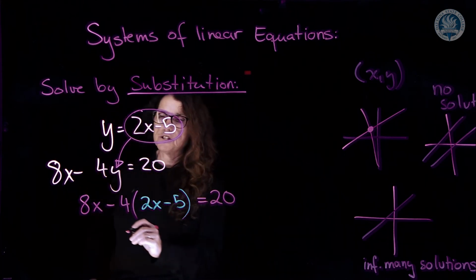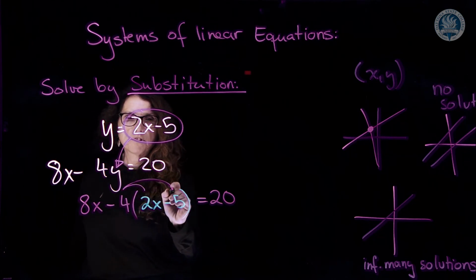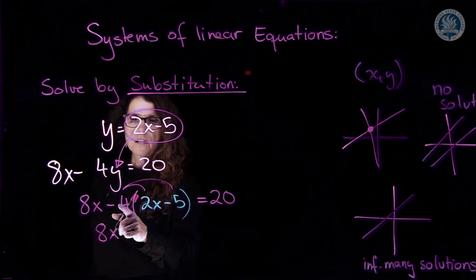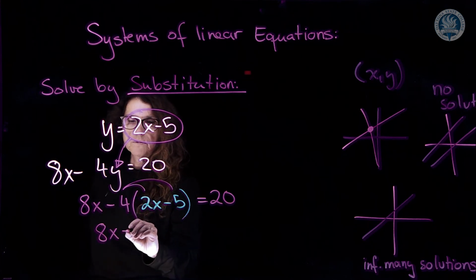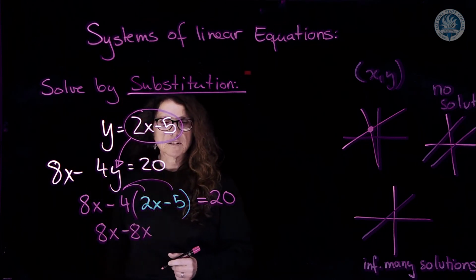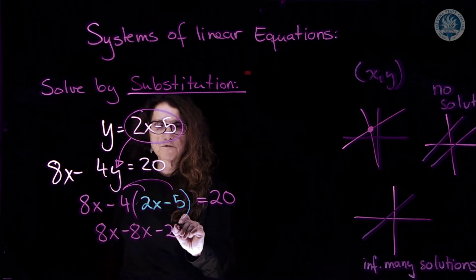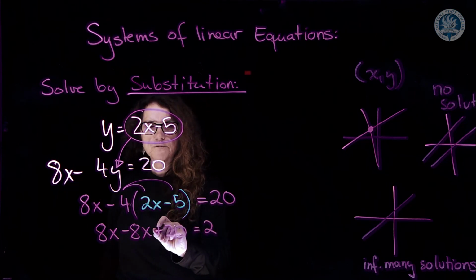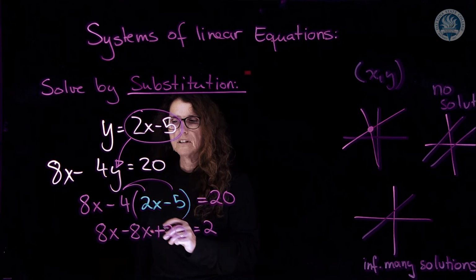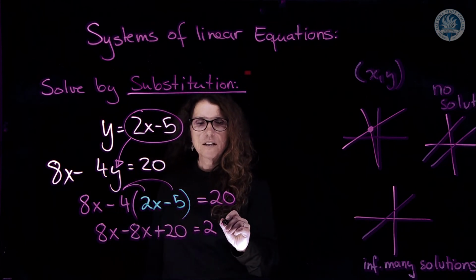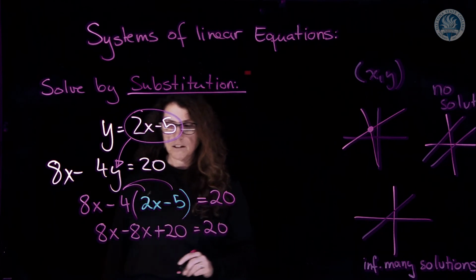Solve this equation. Distribute and clear the parentheses. 8x minus 4 times 2 is minus 8x, and we have a minus 4 times a negative 5, which is a negative 20, oops, that is not a negative 20, that is a positive 20. Negative 4 times negative 5, positive 20, and that is equal to 20.